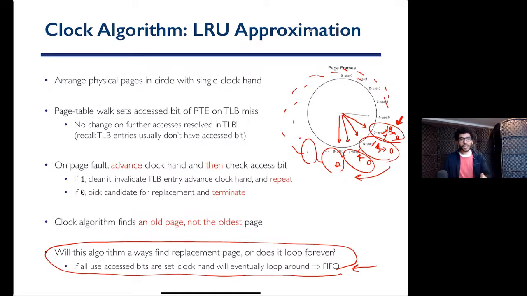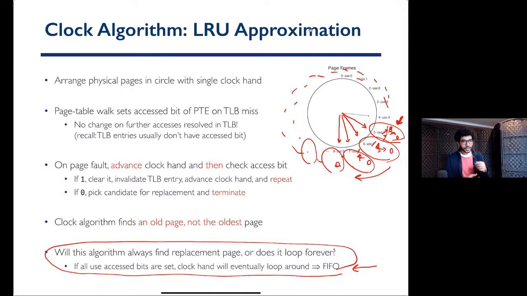Now, if you get a page that hasn't been accessed for 5 times in a row, so 5 times you have visited this page and it hasn't been accessed, then you're like, okay, this page hasn't been accessed for a long time, so maybe it's time to evict it. So as you can see, the more chances you give, the more accurate your approximation becomes of LRU. Remember, LRU is the least recently used page.